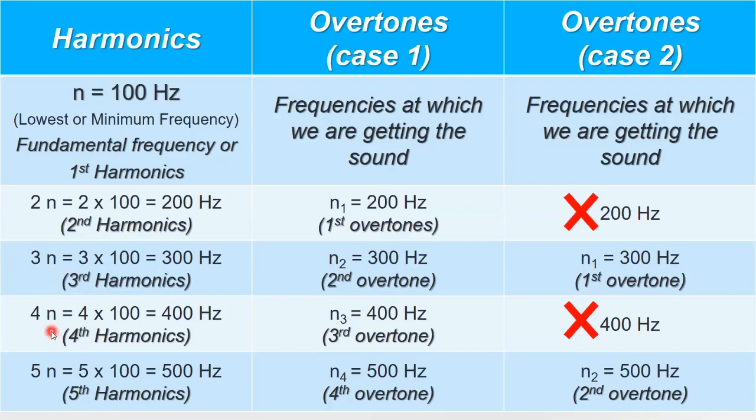If you multiply n by 4, it will be called the fourth harmonic. So these are the integral multiples of the fundamental frequency. These are called harmonics, while the frequencies at which we are getting the sound greater than the fundamental frequency are called overtones.